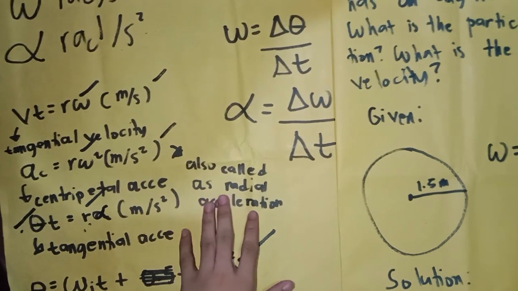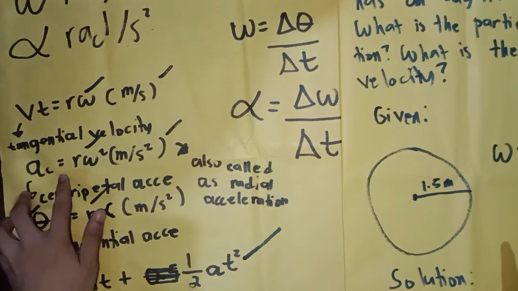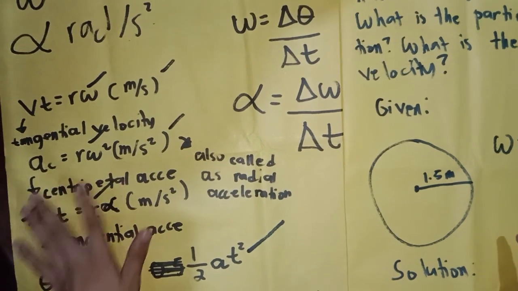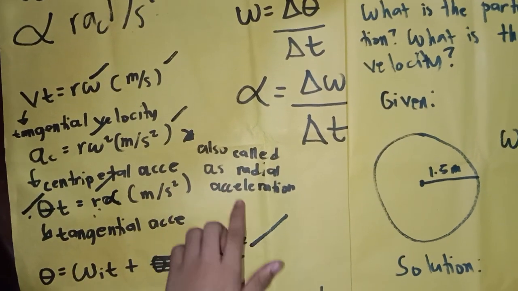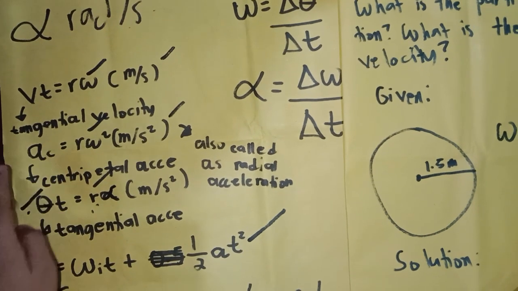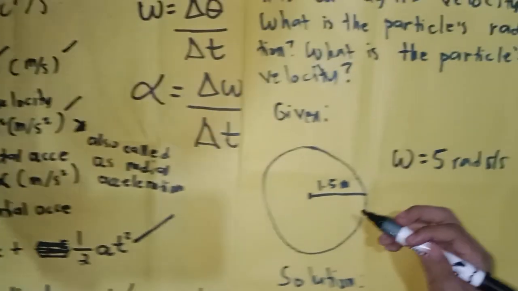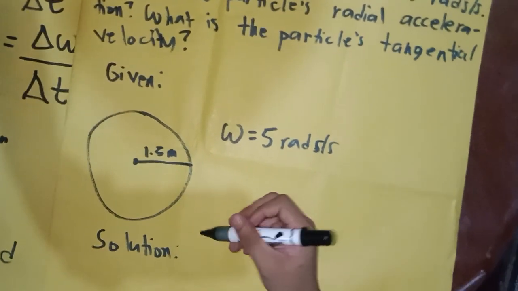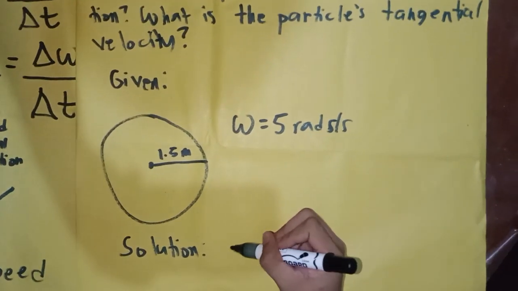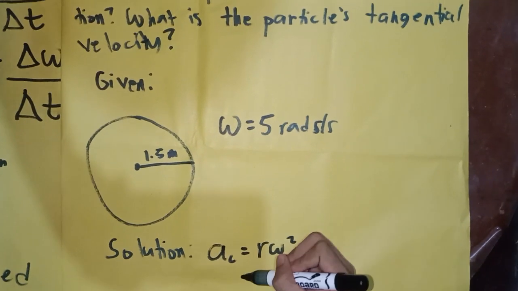So the formula of radial acceleration is AC is equal to Rw squared, and we're going to use this formula.